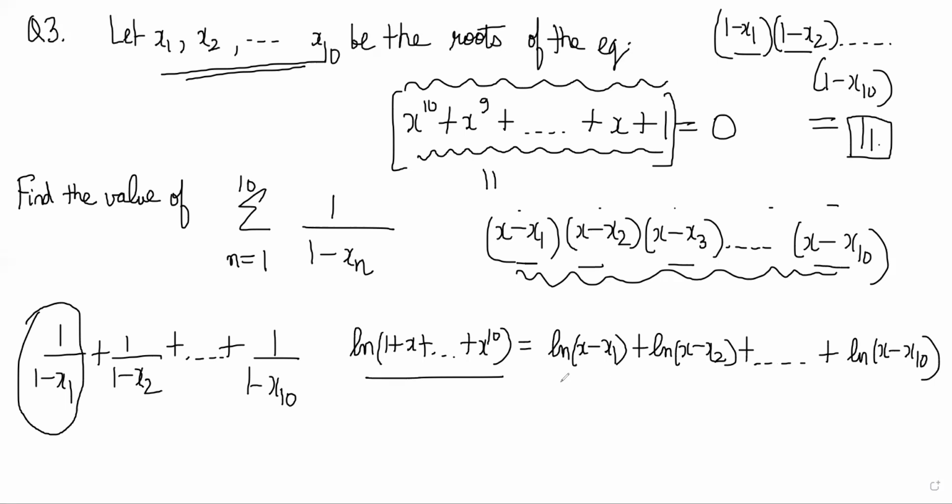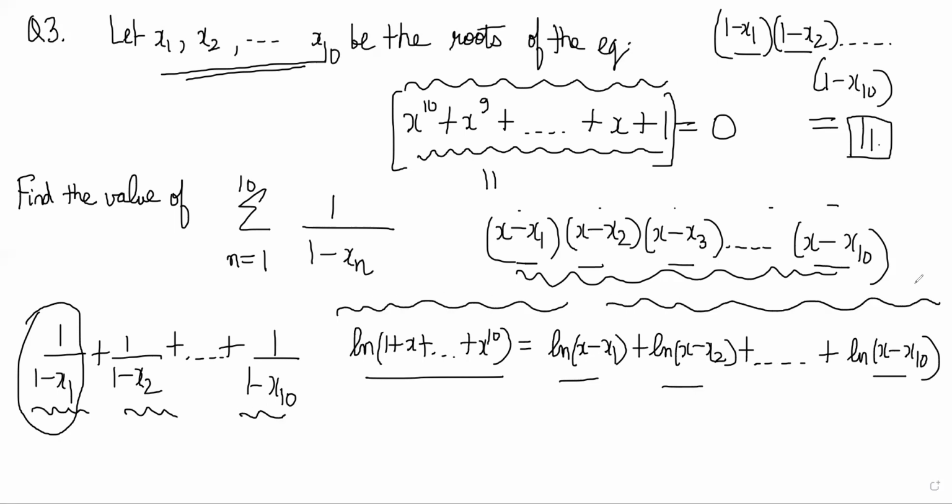Now, once you have this, we are now close to the solution. So what can you do to take reciprocals here? Get reciprocal. Can you do something to this equation to get a reciprocal? Differentiate, differentiate both sides.